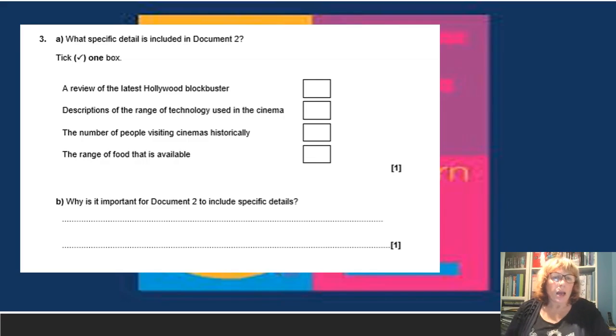And finally, for the second section of question 3, we have 3b, which is an open question, because it's asking you, why is it important for document 2 to include specific details? And if you remember, document 2 was that newspaper review. So you do need to have specific details to make a good balanced review and give people that information.